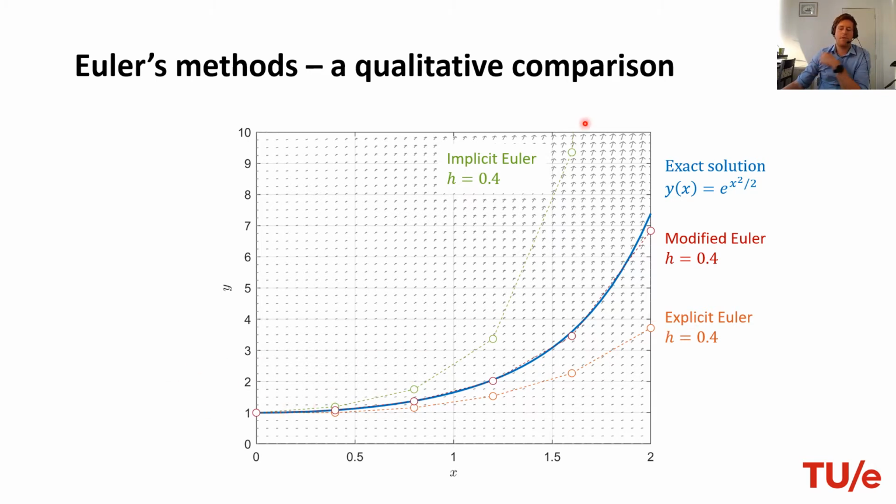Implicit Euler grossly overestimated the solution, whereas modified Euler lies nicely between explicit and implicit Euler. Also, in the previous video, I showed you that explicit Euler is first order, but also implicit Euler can be shown to be of first order accuracy, whereas modified Euler is second order accurate. So that's already looking like a somewhat more accurate method.